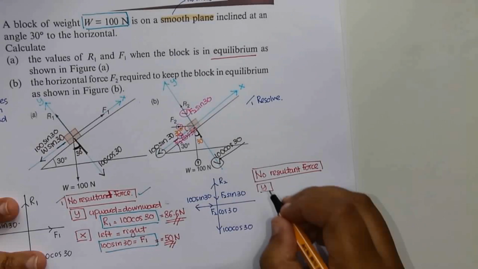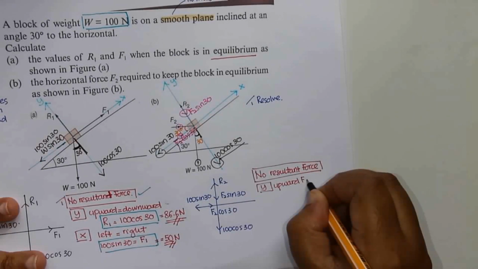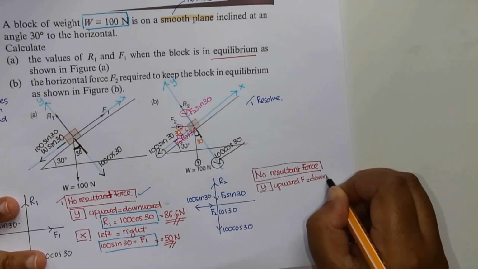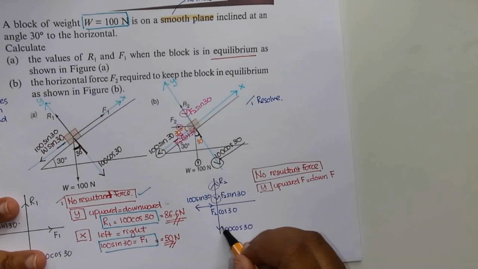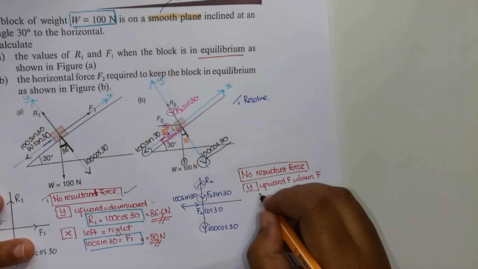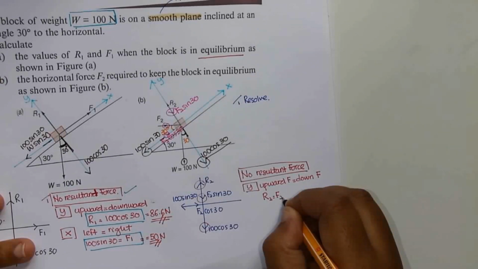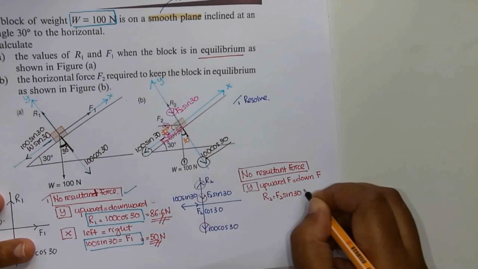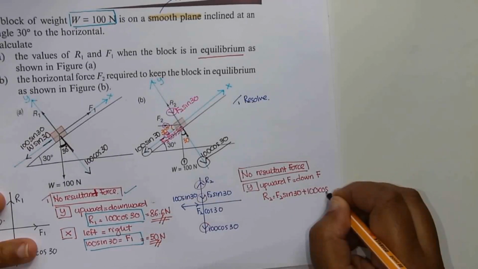Upward force is equal to downward force. This one is upward, this one is downward, this one is downward. So we get one equation: R2 is equal to F2 sine 30 plus 100 cos 30.